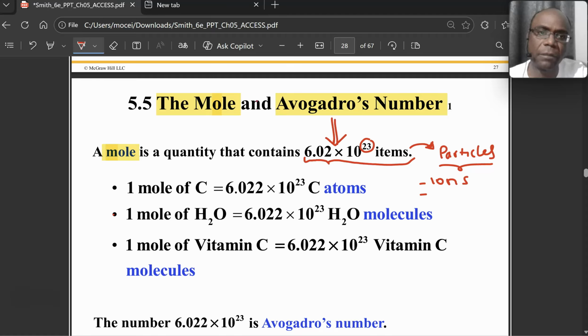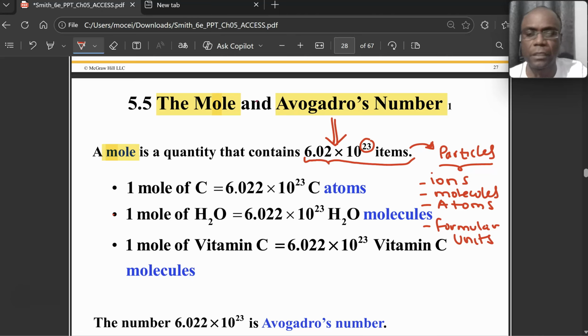The Avogadro's number relates to number of ions, number of molecules, number of atoms, or formula units if you are dealing with a compound. So the Avogadro's number is really the 1 mole count of particles, of ions, molecules, atoms, or formula units.